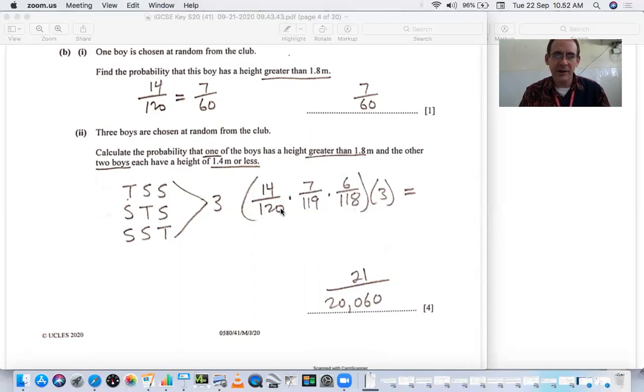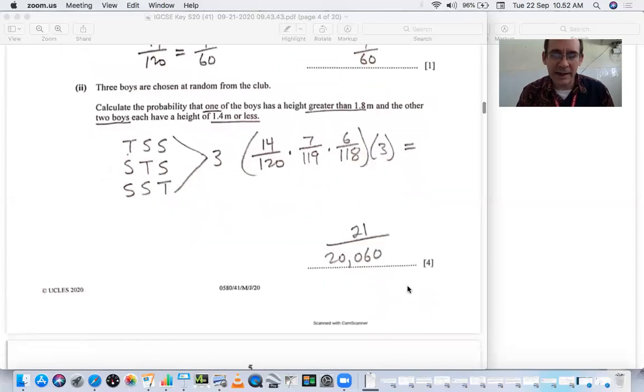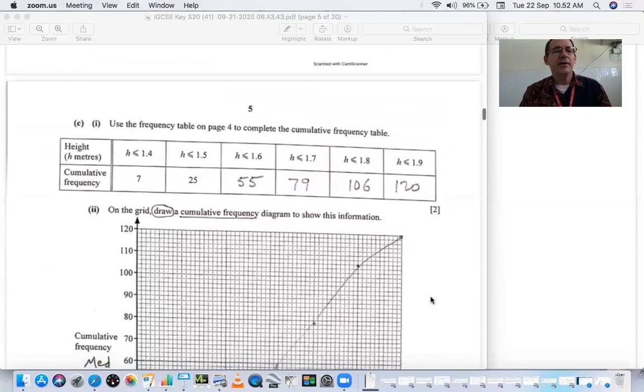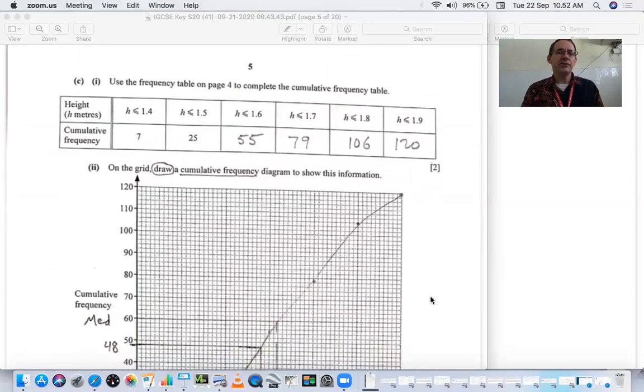Multiply all those together, times by 3, because there's 3 different pathways that can happen, and you end up with 21 out of 20,060.